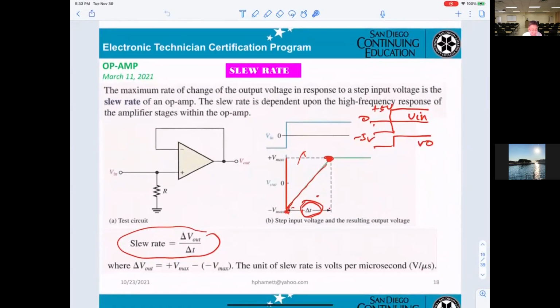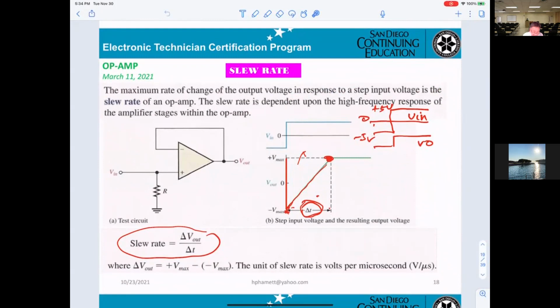And this is what they are talking about: the maximum rate of change of the output voltage in response to a step input voltage is what they call the slew rate.